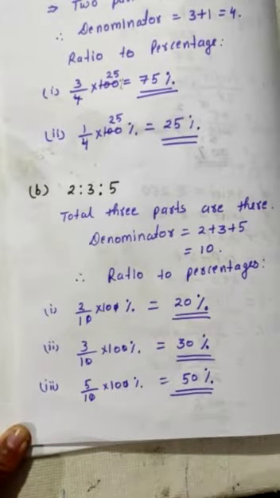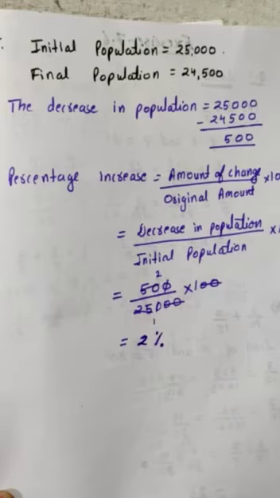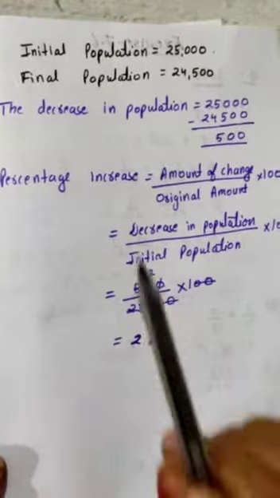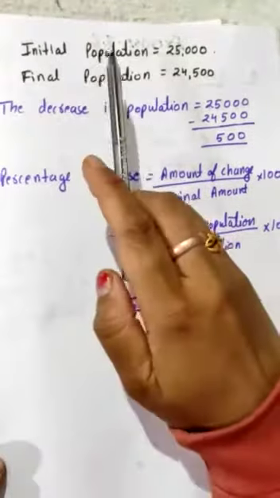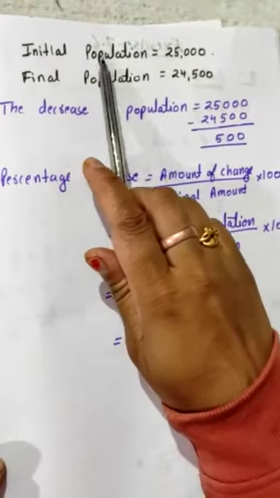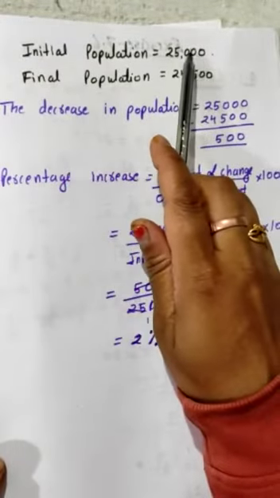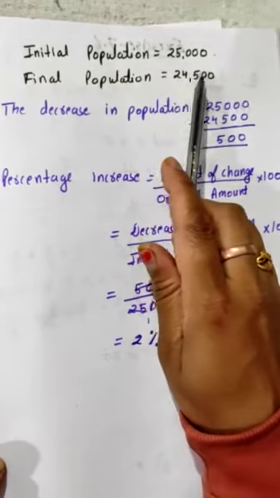Now we will see the last question for today, question number 3. This question I have also explained, increase percent. Those who attended the online class, it's an advantage for them. It is given that in a city the initial population was 25,000 and it has decreased to 24,500.